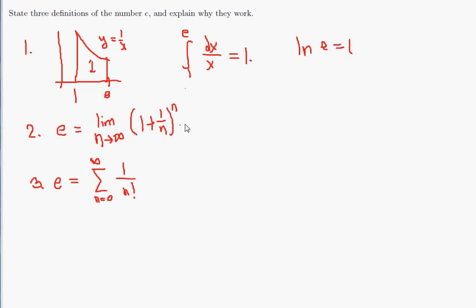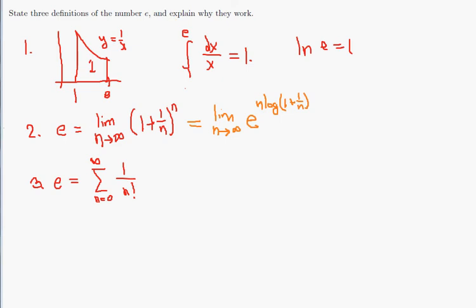The second one, if I were to evaluate this, this is something that can be evaluated with L'Hopital's rule. So this is the limit as n goes to infinity of e to the n times the logarithm of 1 plus 1 over n.